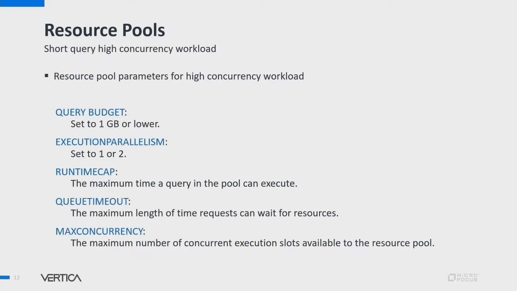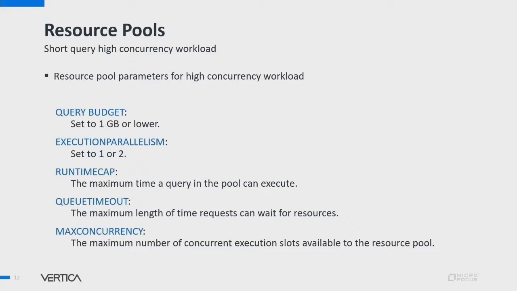For a short query, high concurrency workload, short queries do not need much resources. So consider adjusting the query budget by tuning memory size and plan concurrency to about 1 GB. Similarly, set execution parallelism to 1 or 2.